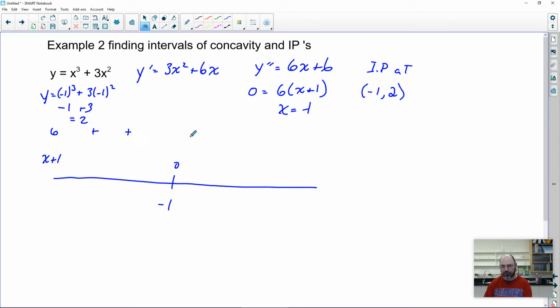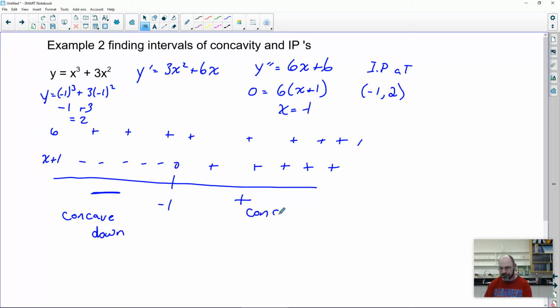Then this is negative here, and this is positive here. So this is concave down, and this is concave up.